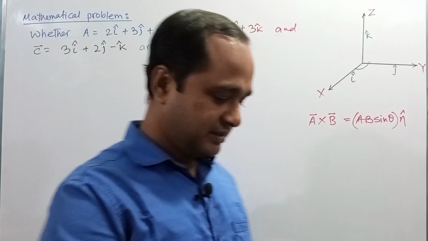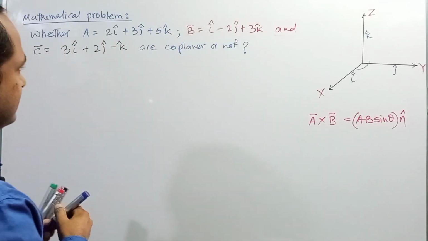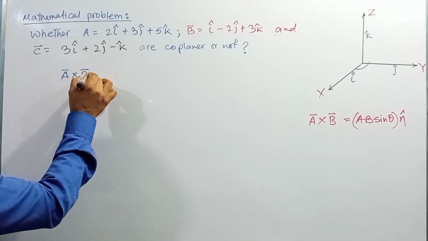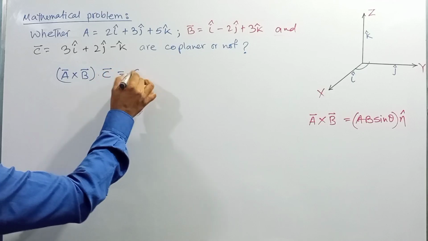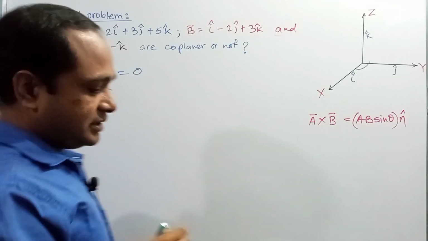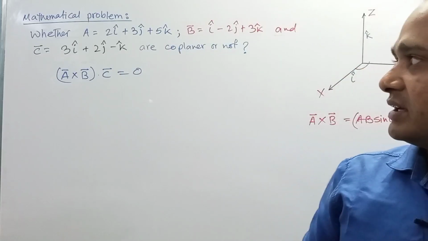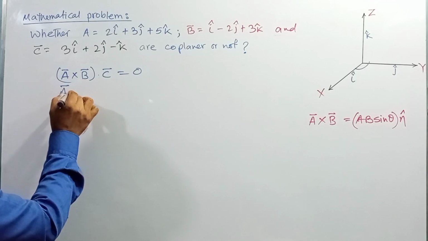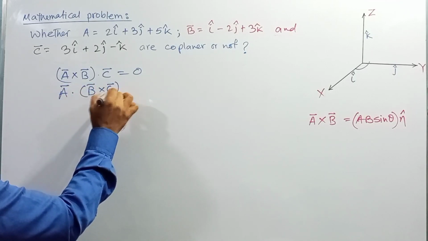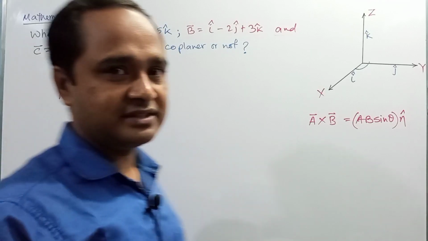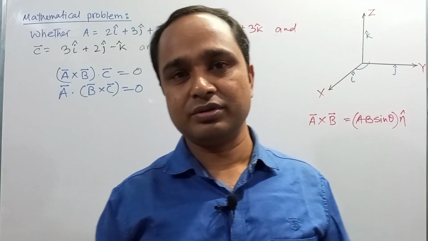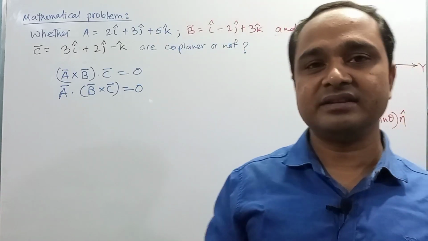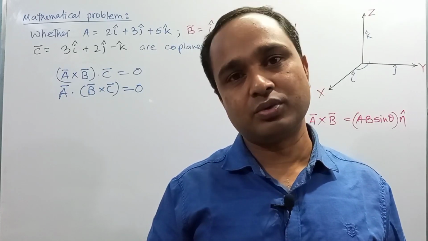To verify this, dear student, if we prove that A cross B dot C is equal to 0, you can also take the dot product of A with the cross product of B and C, like A dot B cross C. That is, the dot product of any vector with the cross product of the other two vectors will become 0, then these three vectors will be coplanar.